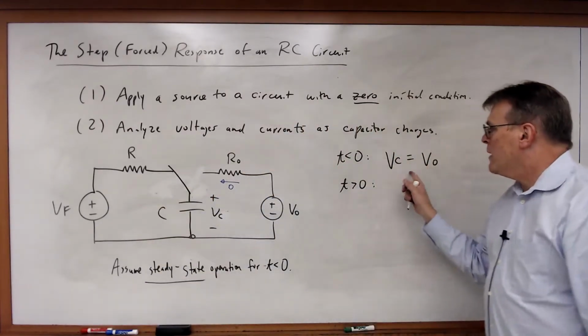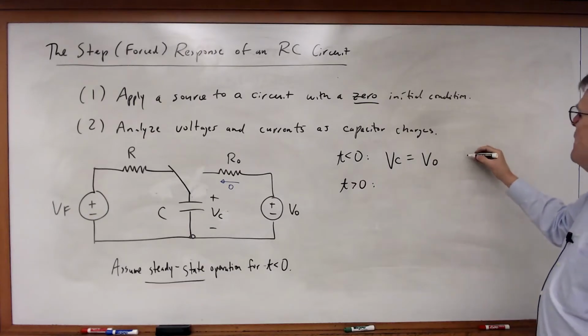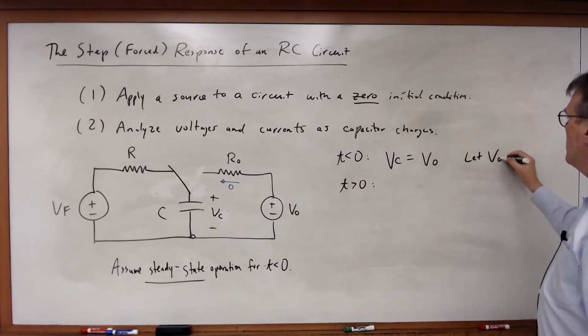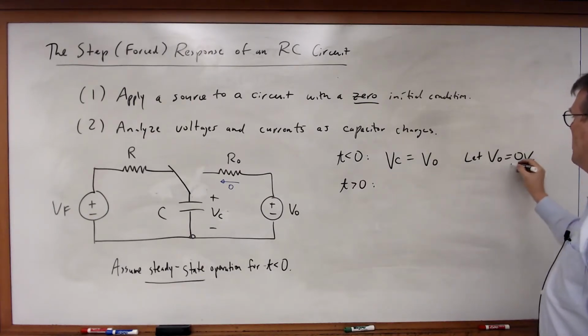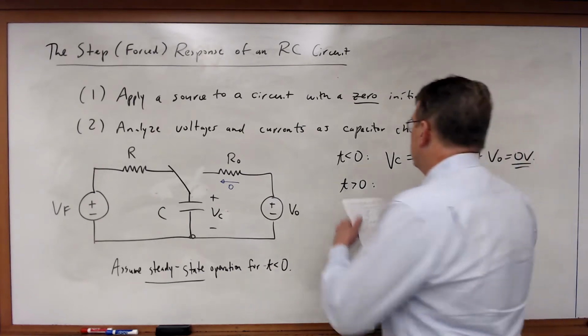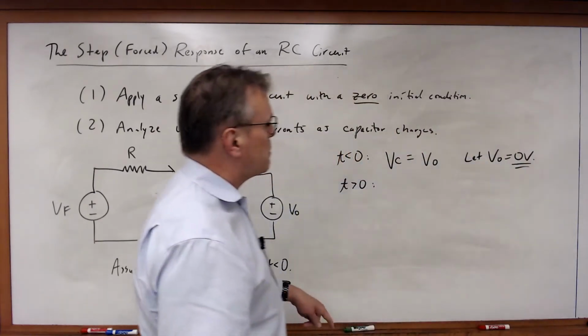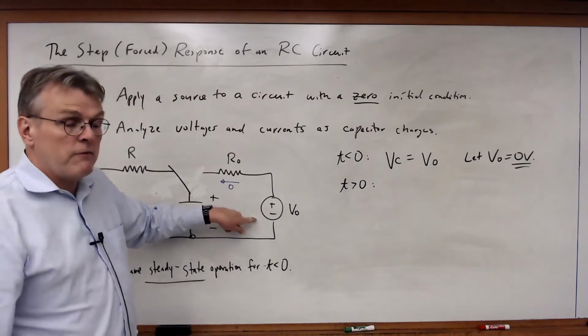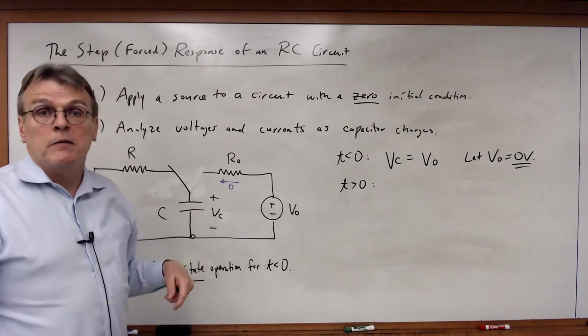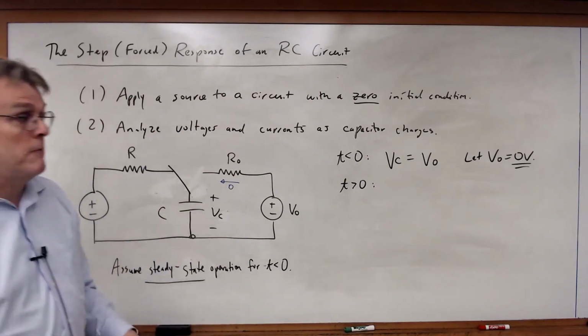So we're going to begin by assuming that V0 is simply equal to 0 volts. So for t less than 0, I said VC is equal to V0. Let's just let V0 be 0. So that means a zero initial condition.